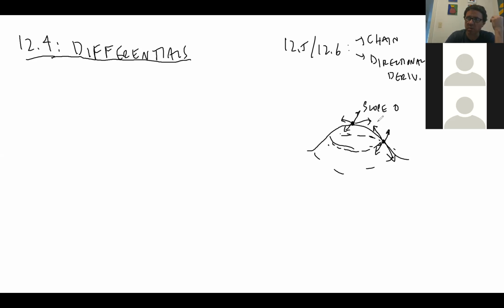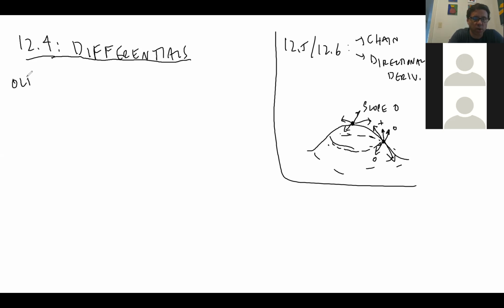And then what happens if you look northeast? Well, northeast, you're looking that way. So it's not quite as steep because you're not straight up the mountain, but it's also not flat. So in any direction, you're going to have a different slope. So how do you deal with that? That comes up later.